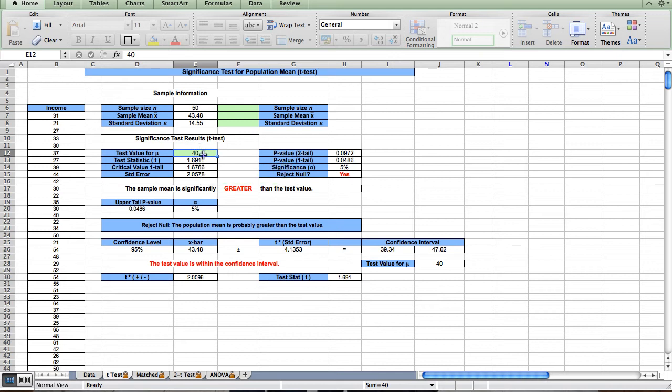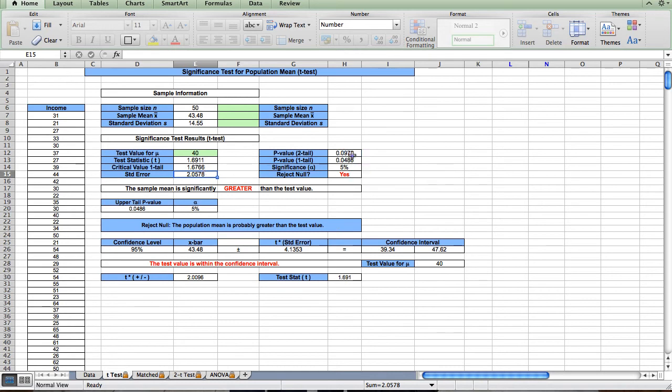Here I see that my test statistic is 1.69, which indicates that 43.48 is 1.69 standard errors of the mean above 40,000. In other words, if 40,000 were in fact the population mean mu, my sample mean that I just got at random from my sample of 50 would be 1.69 standard errors above 40,000, the true mean mu.